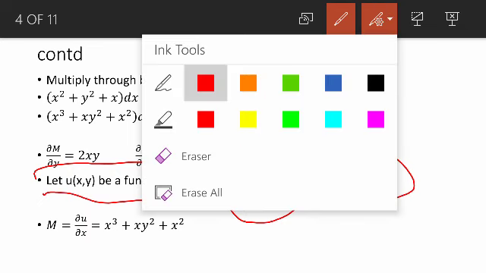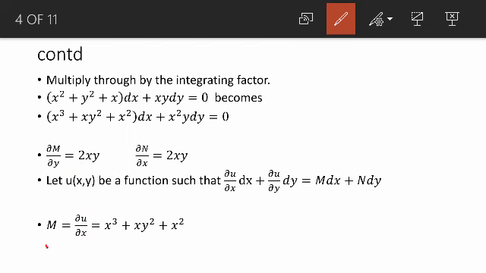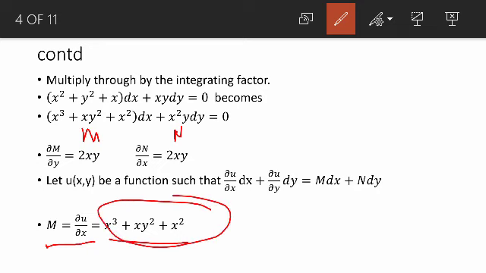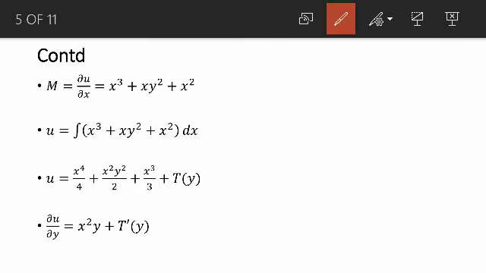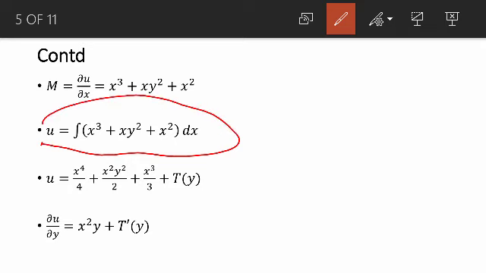But here we choose to start with M, so we say M equals du/dx, which is equal to this. This is our new M, and this is our N, which is x cubed plus xy squared plus x squared. When we make u the subject of the formula, we are going to get u equal to the integral of x cubed plus xy squared plus x squared.